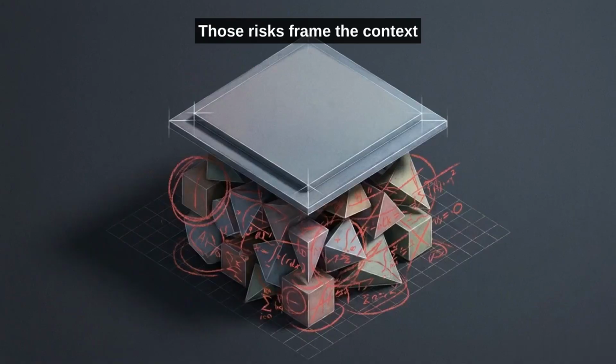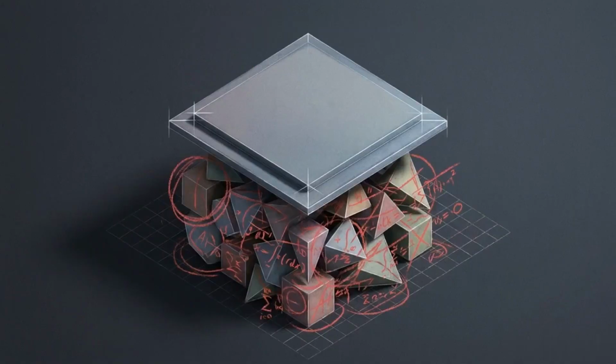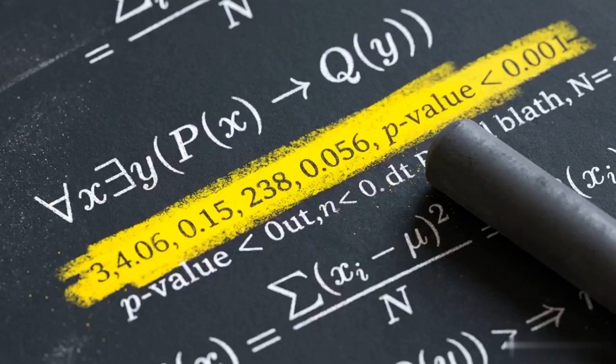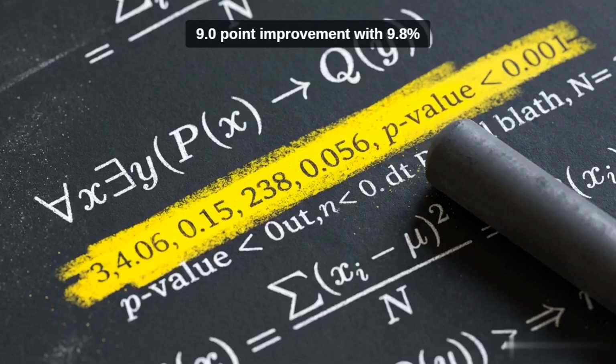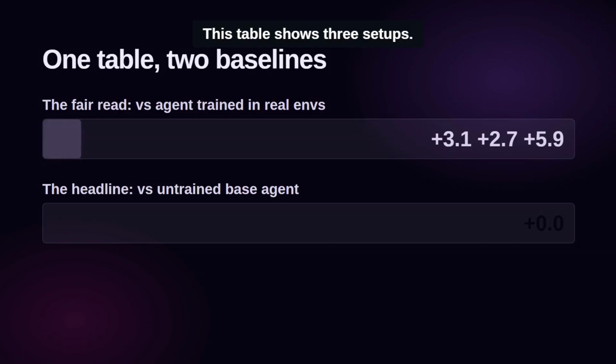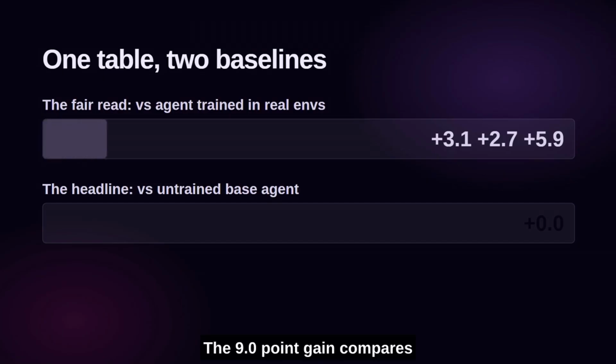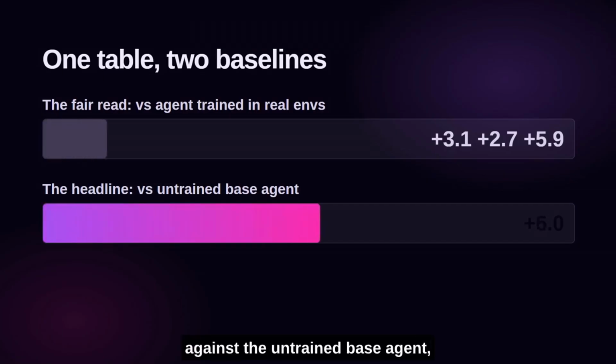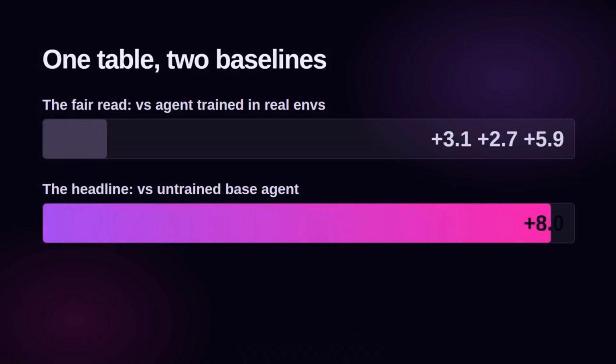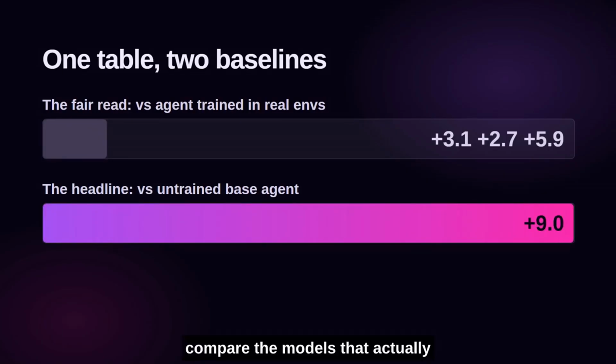Those risks frame the context for the paper's primary headline claim, that EnvHarness delivers a 9.0-point improvement with 9.8% fewer execution steps. This table shows 3 setups. The 9.0-point gain compares against the untrained base agent, an unfair baseline. To find the true value, compare the models that actually trained. Against the original benchmark agent, gains shrink.